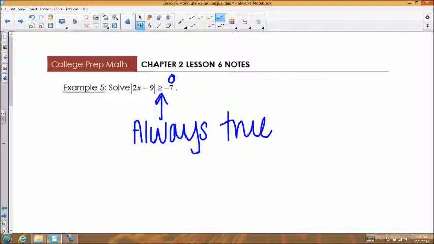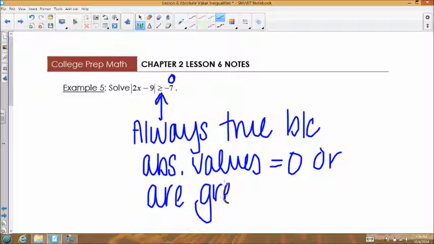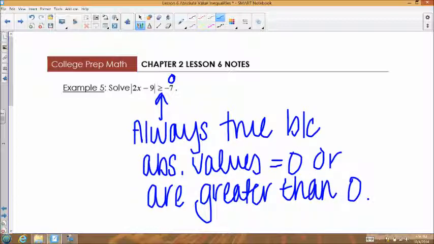Always true because absolute values equal 0 or are greater than 0. Which means that if you have a negative number, the absolute value is always going to be greater than or equal to that negative number.